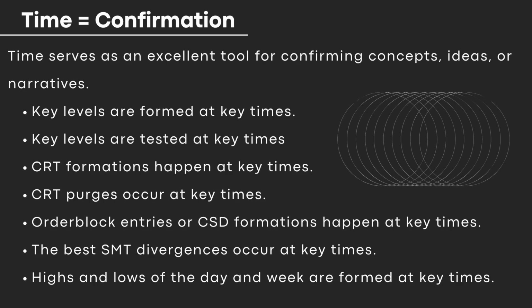I'm looking for an SMT divergence as a confluence to form at a key time. And then last but not least, I'm waiting for the CSD to happen at a key time, right? And once all of those are perfectly aligned, that's where I take an entry. And you can see that's why I have such a higher win rate, because I wait for only the higher probability trades and only take them when everything is perfectly aligned.